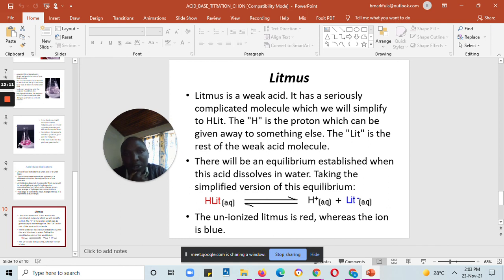And also you ensure that you have the indicator for you to locate the endpoint. Once you've located the endpoint and calculated the average volume, you can go ahead and determine the concentration of the substance you are interested in.